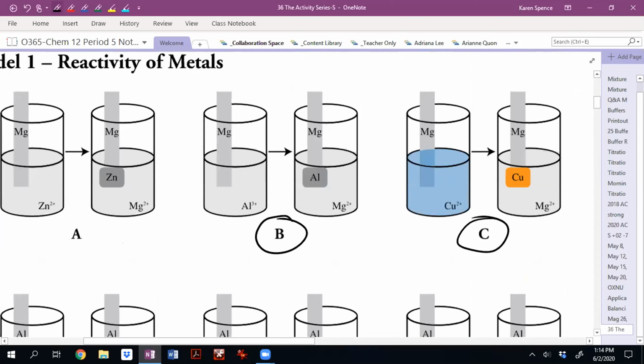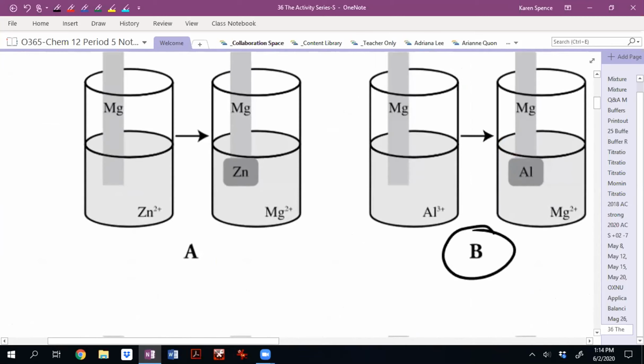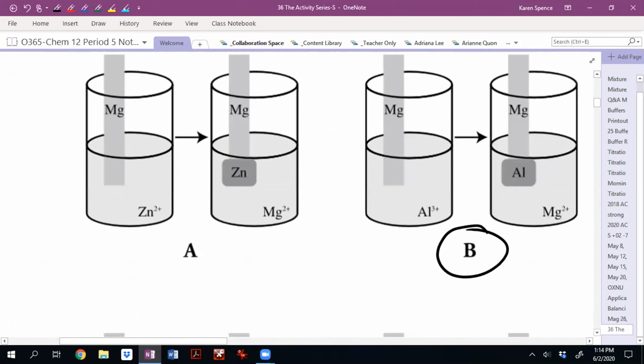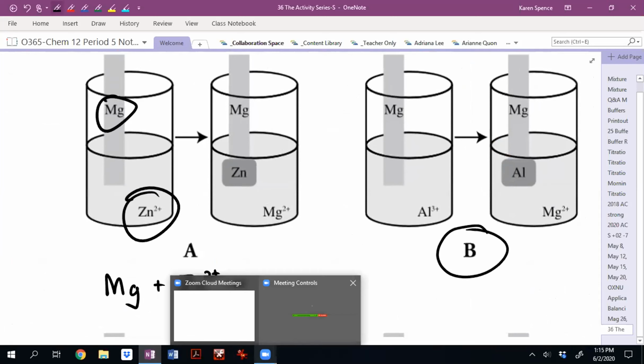So if we write a single replacement reaction here for beaker A, our reactants are, well, we're starting with magnesium and we're starting with zinc, so we would write Mg plus Zn 2+. Who are the products of that single replacement reaction going to be?